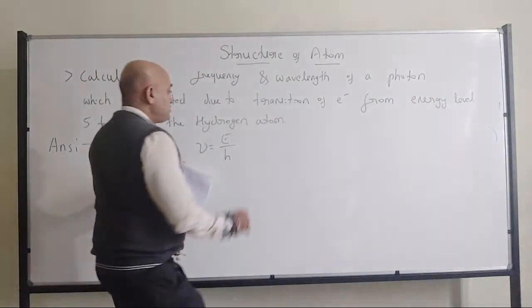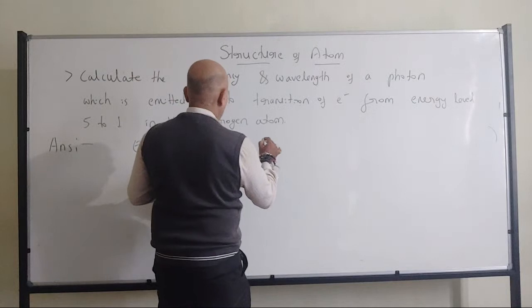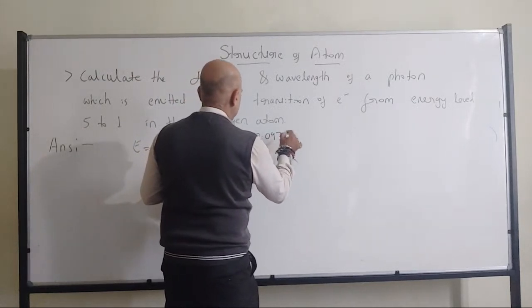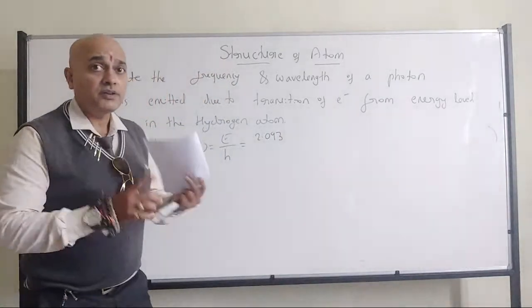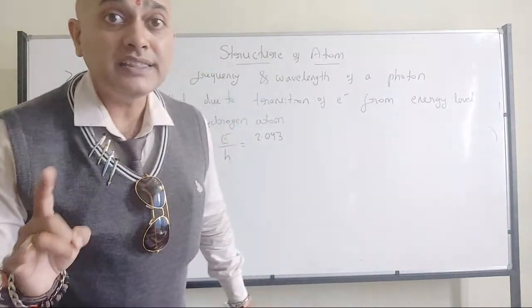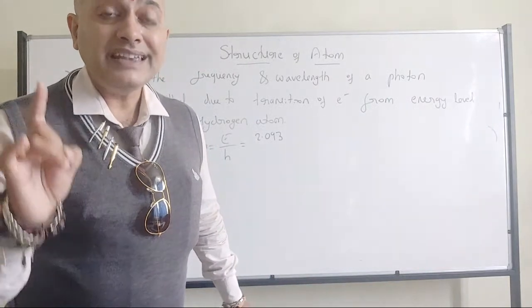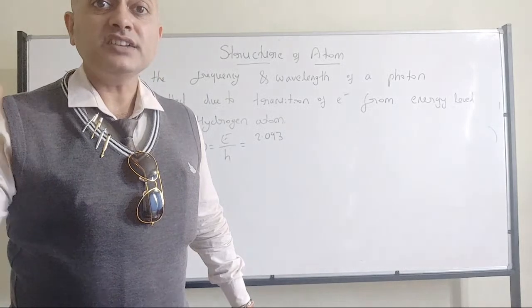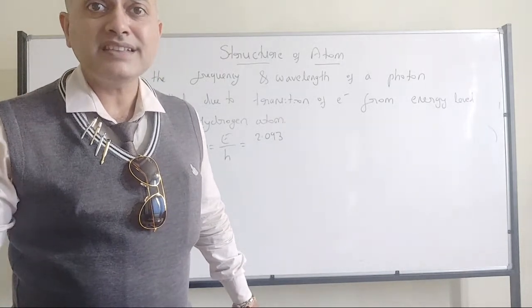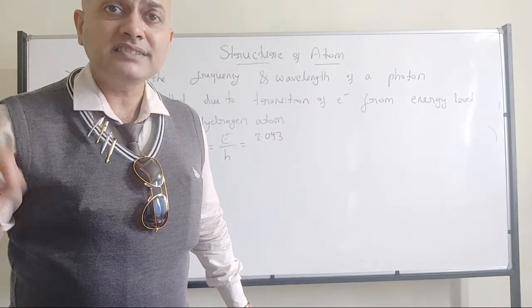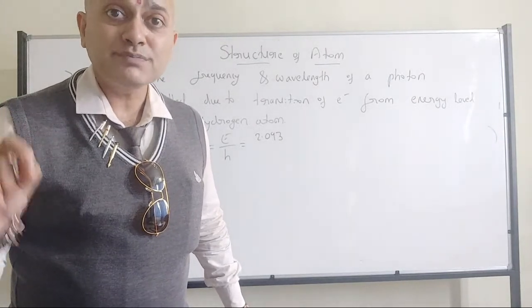So E value just now we have got. So how much is that? 2.093. No need to take the negative value. That negative indicates it is an emission spectra. Just take that value without any sign. If E value is positive, that indicates it is absorption spectrum.